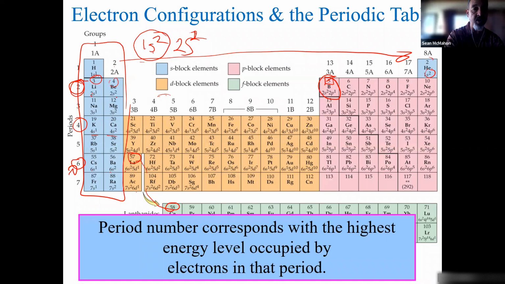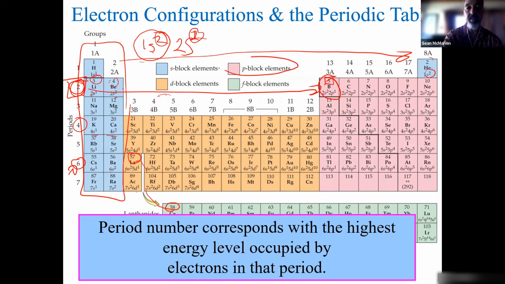Then the next 2 go 2s1, 2s2. But I have 1 more because 2 plus 2 is 4. I have a 5th. Where does that go? Well, now I'm still in the second energy level, but now I'm in a new sublevel. What's my new sublevel? The P, because I'm over in the P block. And in the P block, I'm in that first box. That means I only have 1 electron in the 2p, so it's 2p1.